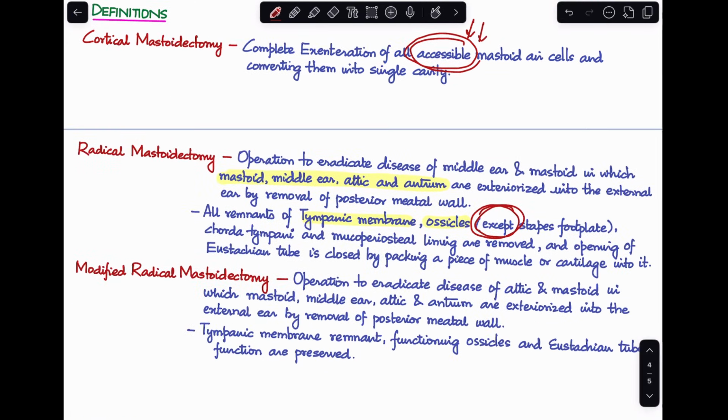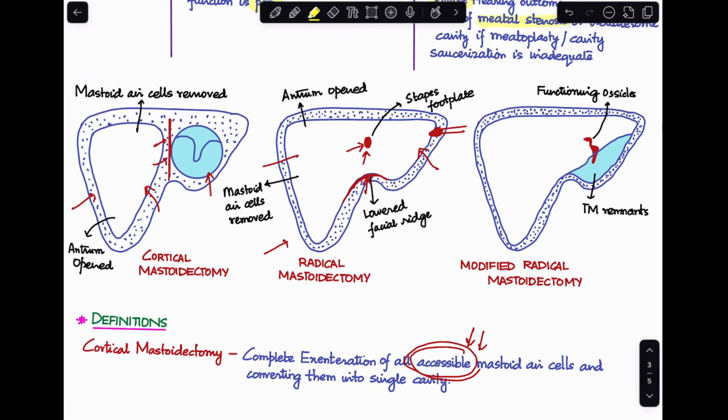Third one is modified radical mastoidectomy. This is also a canal wall down procedure where we eradicate the disease of attic and mastoid, and we convert the mastoid, middle ear, attic, antrum and exteriorize them into the external ear canal by removing the posterior meatal wall. But the key difference to remember here is that the tympanic membrane remnant, the functioning ossicles, and the eustachian tube function are preserved.